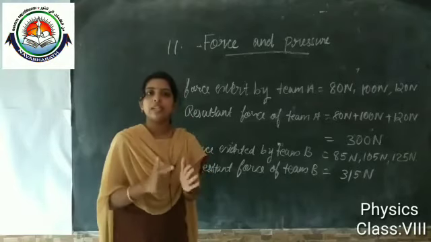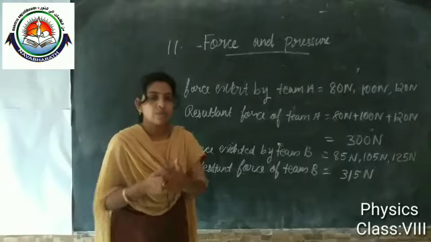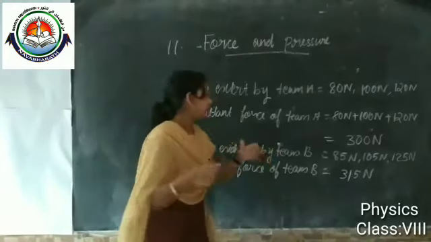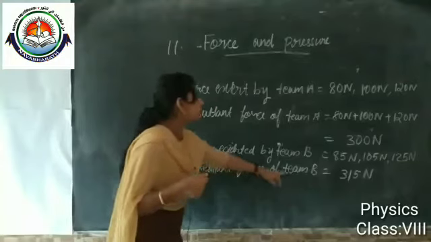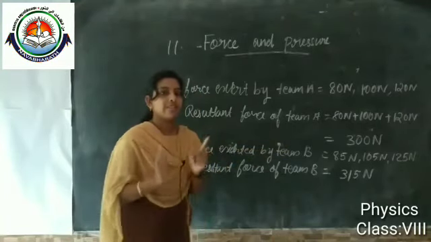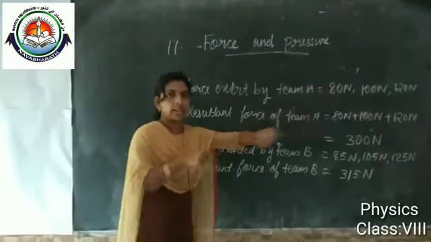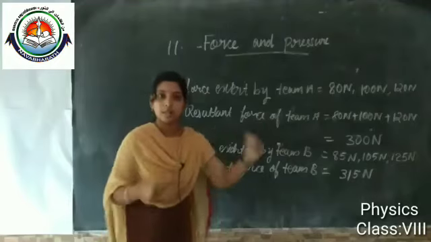In tug of war, both the teams' resultant forces are in opposite direction. If it is the same direction, we can add it. In opposite direction, we have to subtract it.